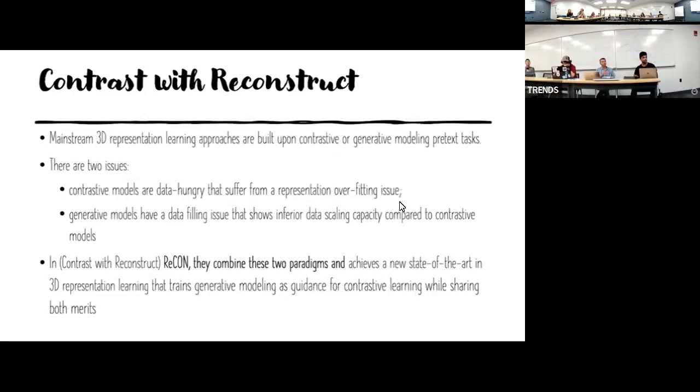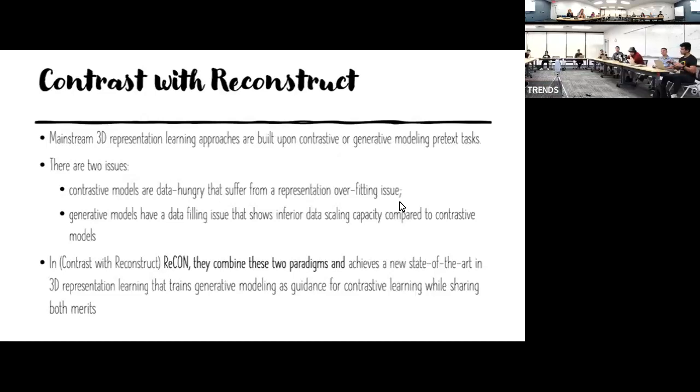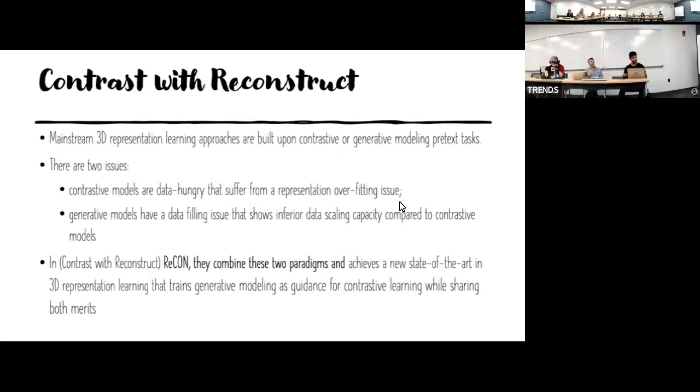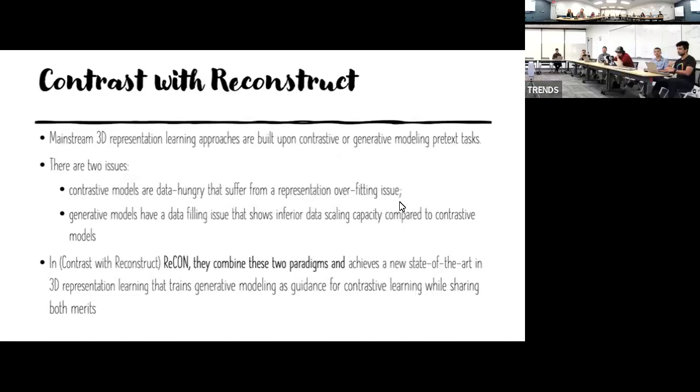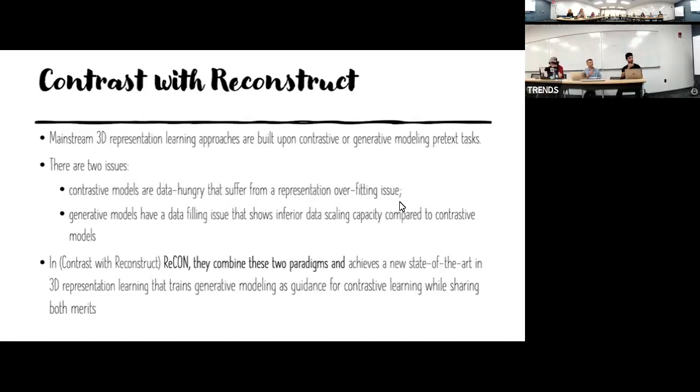So what ReCon, or contrast with reconstruct, does is combine both of these approaches together, while removing the problems associated with each. These issues are the issues related to contrastive learning and generative learning. So this is what we'll be checking out.